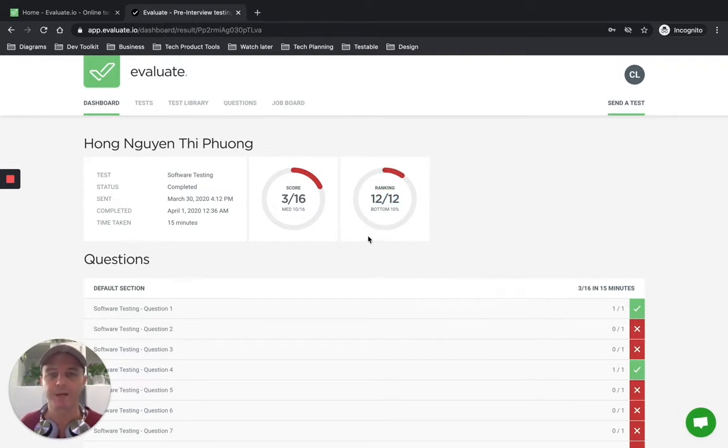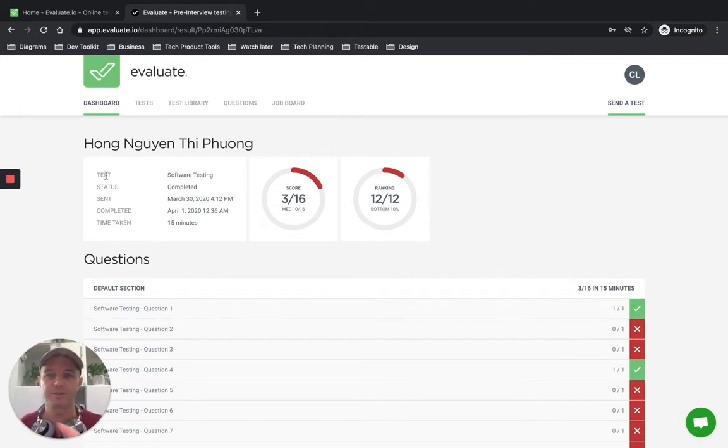The color of the bar around the outside here is also an indication of how well they went. From 0 to 40% is red, 41% through to 70% is orange, and 71% to 100 is green. Again, we're trying to keep this as quick as possible so that as soon as you see the test results: red bad, orange intermediate, green good.